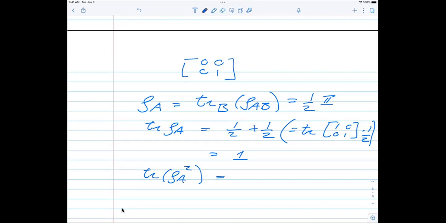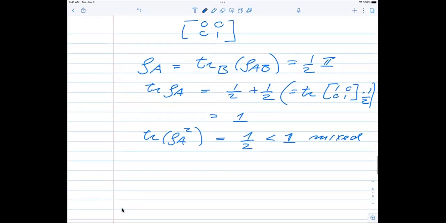This is actually equal to a half, and it's less than 1, obviously. And this defines what we call the mixed state. If, on the other hand, this trace of rho of A squared had been equal to 1, then we are going to use that to define a pure state.